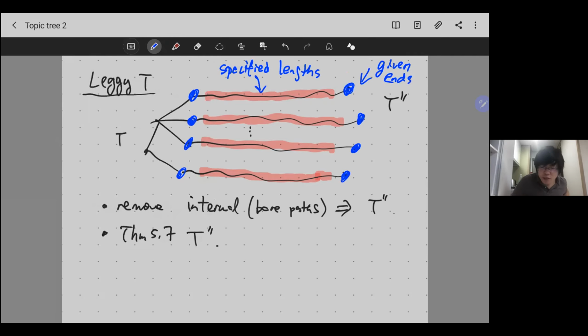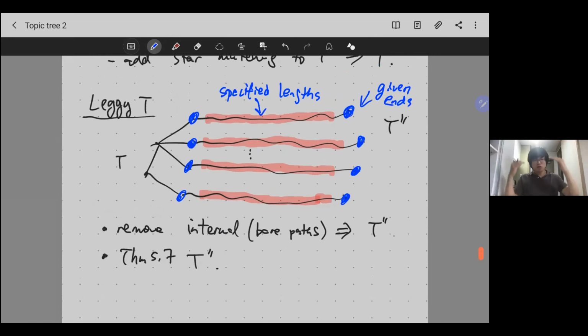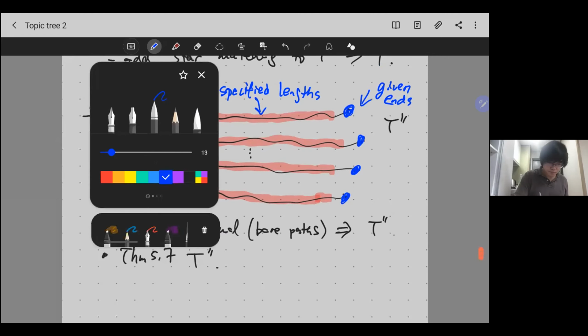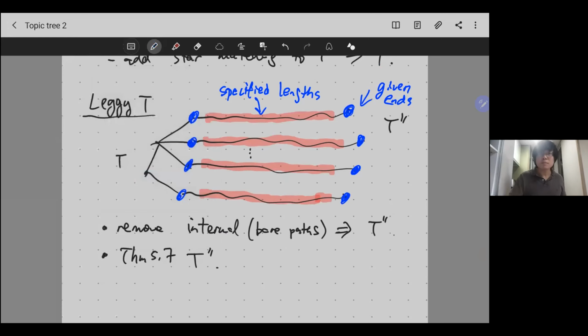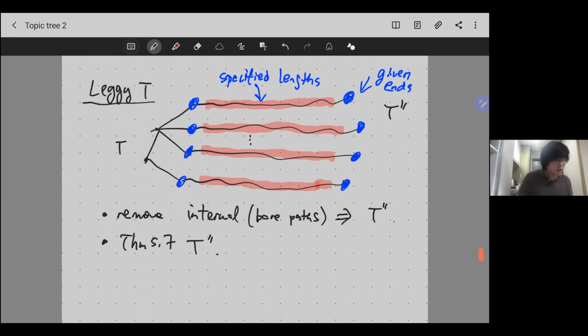Right? So this boils the problem down to being able to cover the remaining graph with vertex disjoint paths of given ends and specified length. So let me write this theorem down. It's taking longer than I thought. So it boils down to this theorem. Let me write it down.